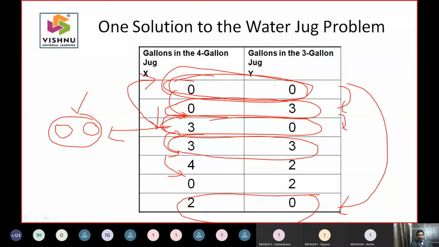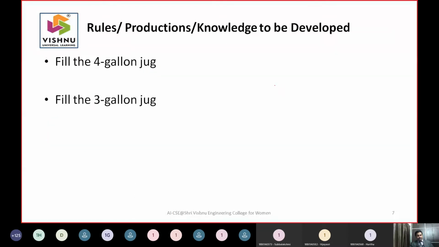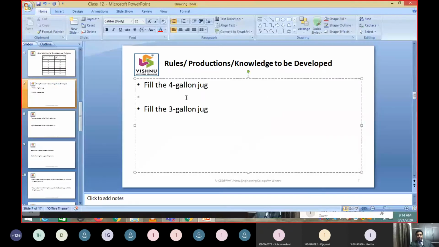Yesterday, after completing this, we wrote some productions. I asked what type of rules can be applied for the systems. You can have many rules, like how can you fill this 4-gallon jug?